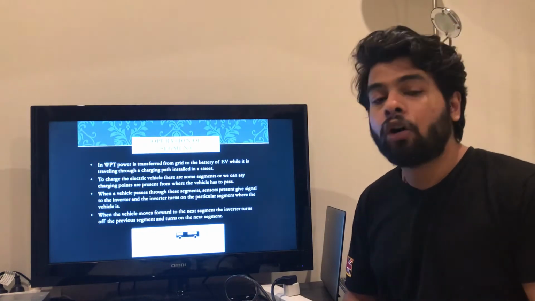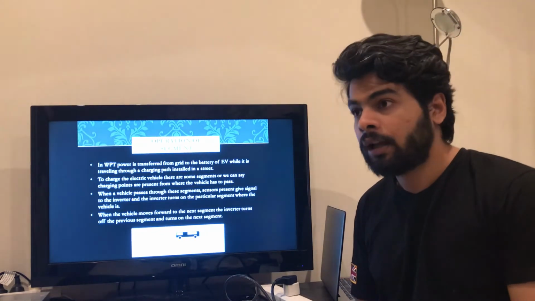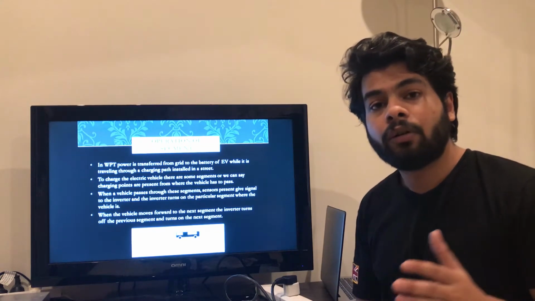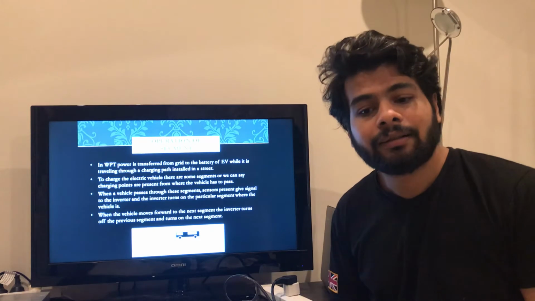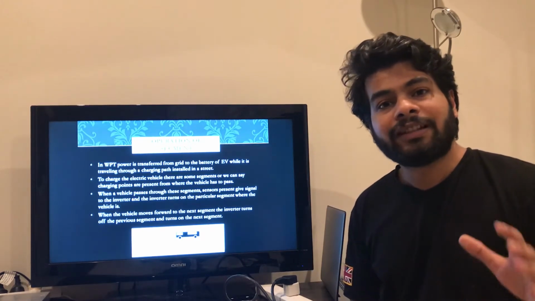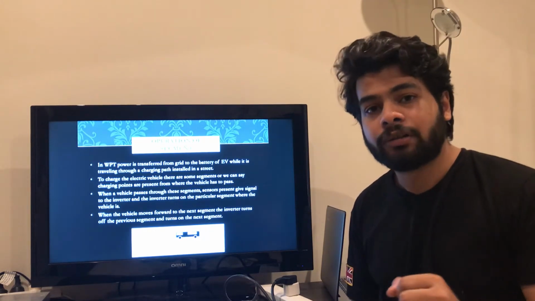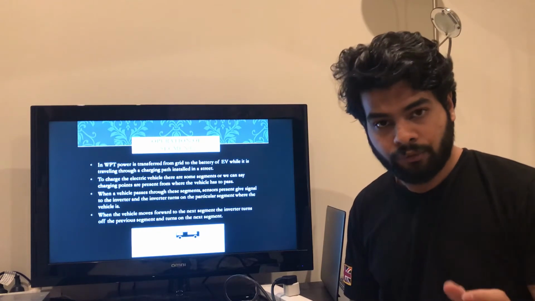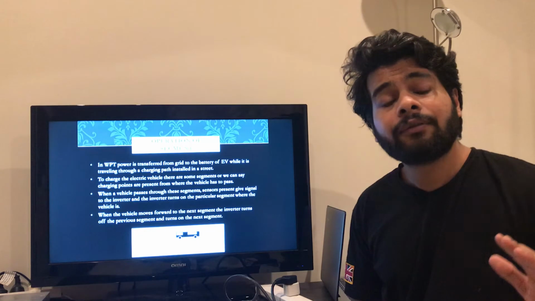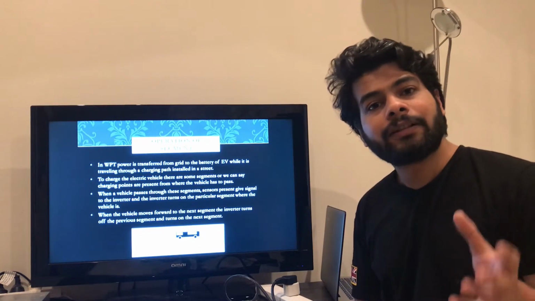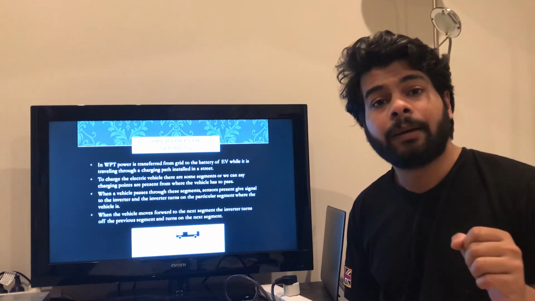Now we will talk about operation of its segments. This is basically for vehicle in motion. Now what happens in this is that there are some segments, or we can say charging points, present on the street or on the road. When the vehicle arrives on the first segment, there are some sensors present on each segment.